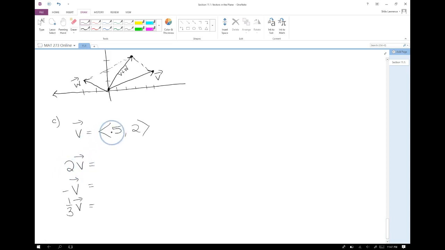So for 2v, I just have to multiply both 5 and 2 by my scalar of 2. So we get 10, 4. -v means we're just going to distribute a -1. So -5, -2. And 1/3 of v means I'm going to distribute a scalar of 1/3 and multiply. So that's going to give us 5/3, 2/3.